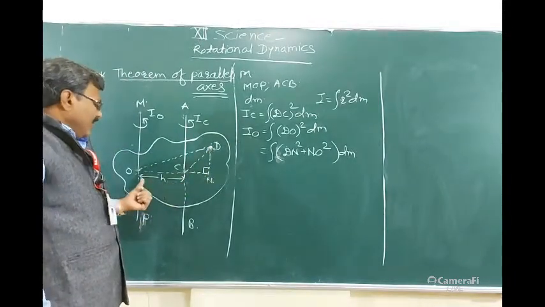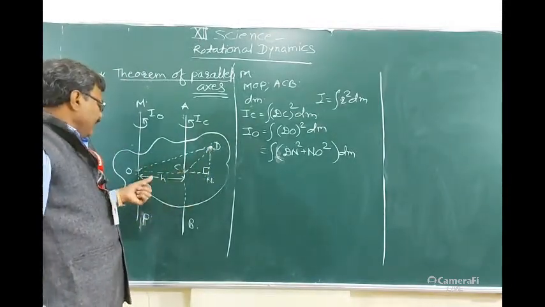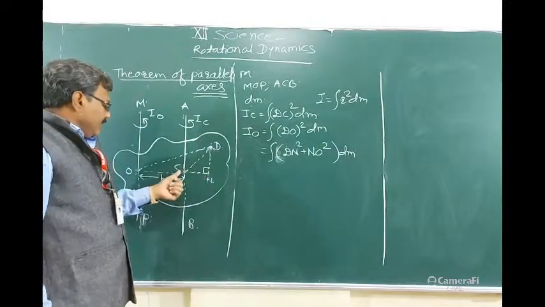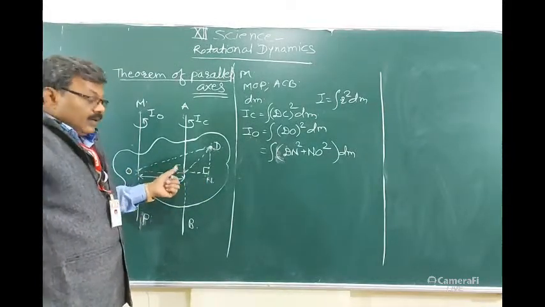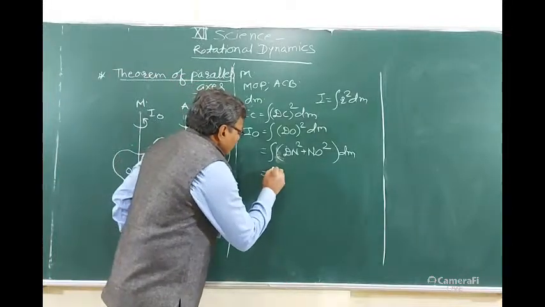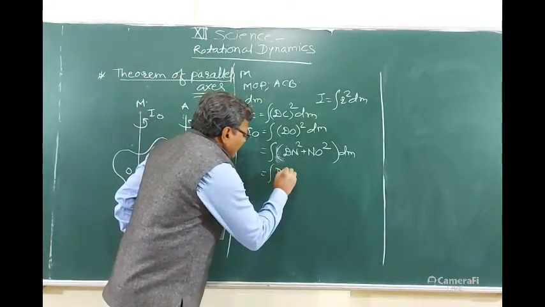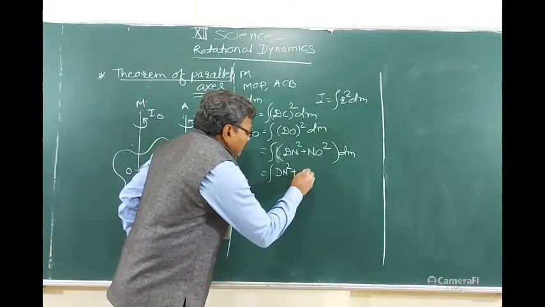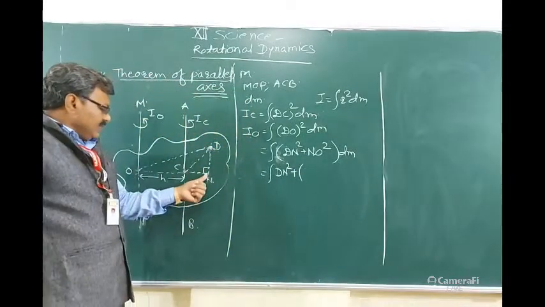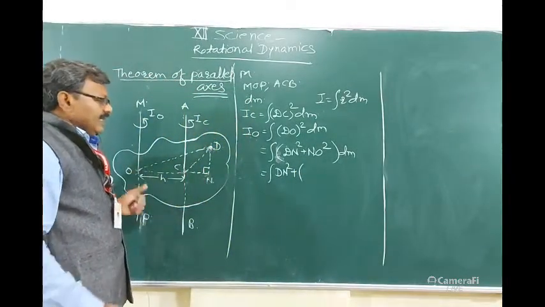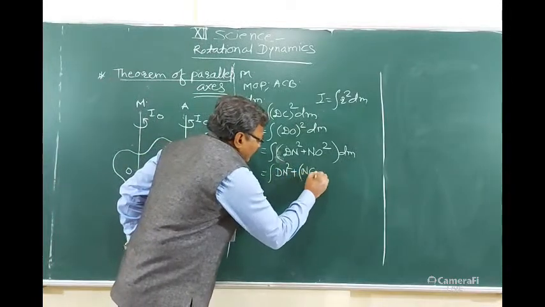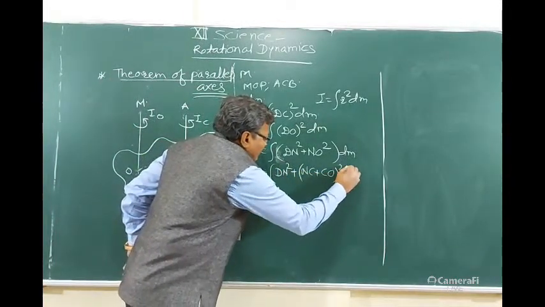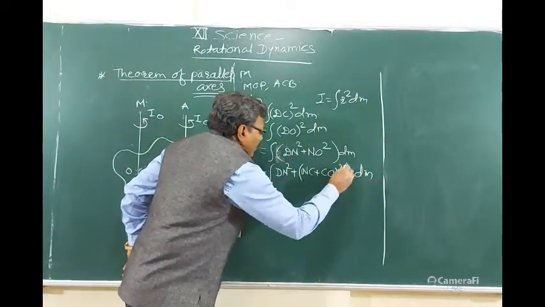But NO, we can write this as NC plus CO, or OC. We can write this as the integration of DN square plus, NO is NC plus CO, bracket square, into dm.